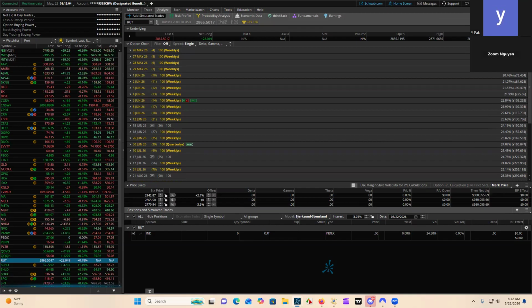Let me check my Option Explorer, see what that's telling me. That's telling me 23%, 21%. So I think each broker and each software calculates it differently. My Option Net Explorer is kind of opposite. The front cycle is higher than the back.